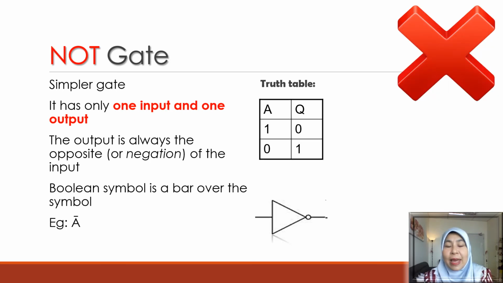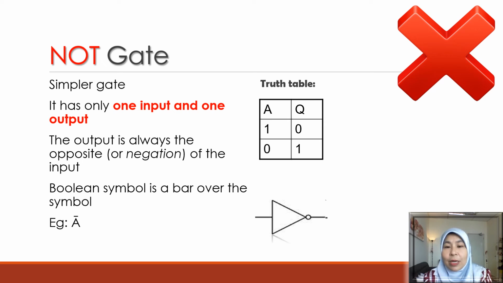Next, we are looking at the NOT gate. This is the simplest gate. It has only one input and one output. The output is always the opposite, or negation, of the input. So the Boolean symbol is a bar over the symbol. The example is as below: A with a bar on top of it.